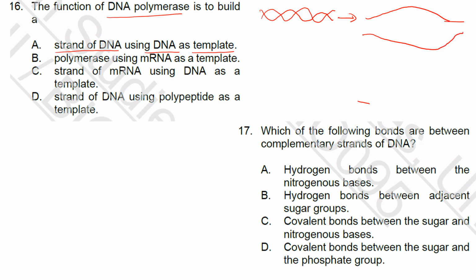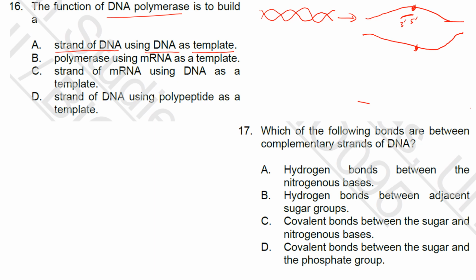Imagine this is the origin of replication. The start of replication produces an RNA primer using primase. This produces a 5' end on the primer and a 3' end on the same primer.